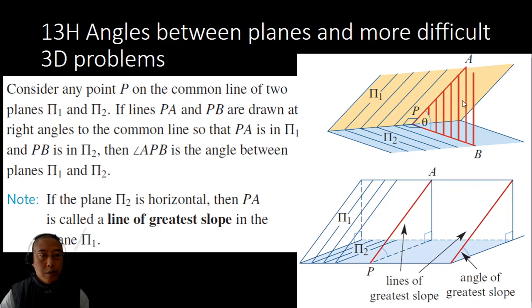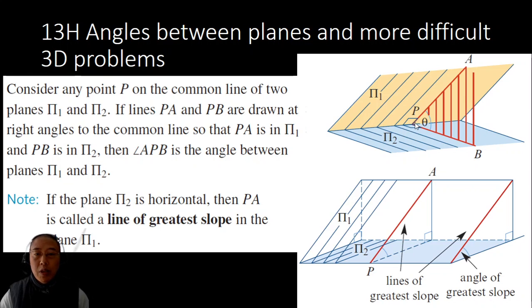Here with that diagram, you have 2 planes that annotate pi 1 and pi 2. As they intersect, they will form what we call a common line.